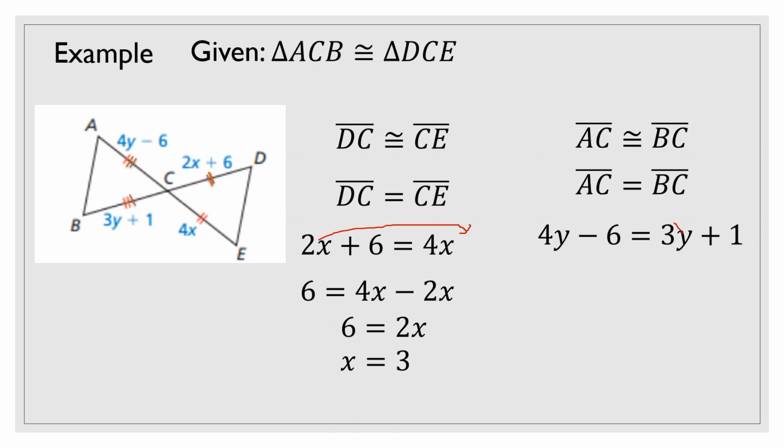So we will transpose 3y on the other side of the equation to combine with 4y, and yung 6 sa kabilang side ng equation to combine with 1. So the equation will become 4y minus 3y equals 1 plus 6. 4y minus 3y is y. 1 plus 6 is 7. So therefore, the value of y is equal to 7.